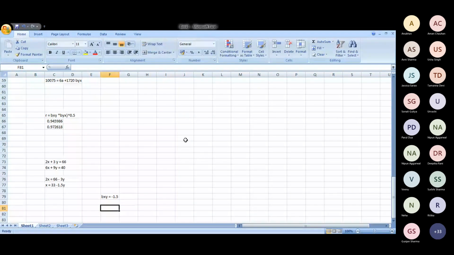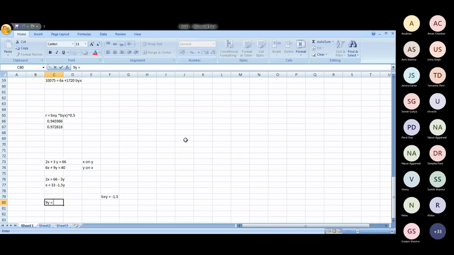Clear? And if this line is x on y, then obviously the other line is y on x. So if this is y on x, we'll take y on one side.